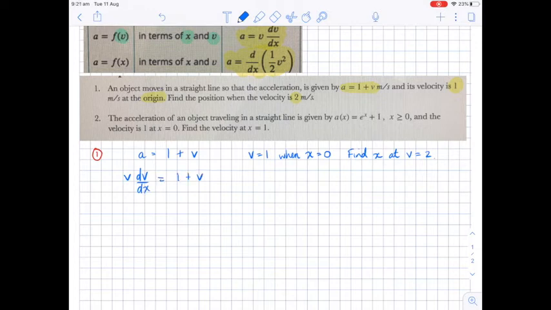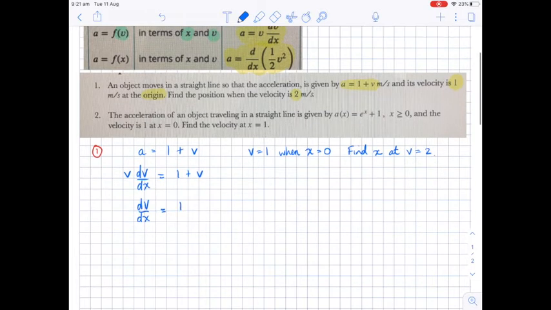And when I do this, I'm going to try and work out what x is. The first thing I'm going to do is divide both sides by v, which gives dv/dx equals 1 plus v all divided by v. I want to find out what x is, so I can't integrate in terms of x here.